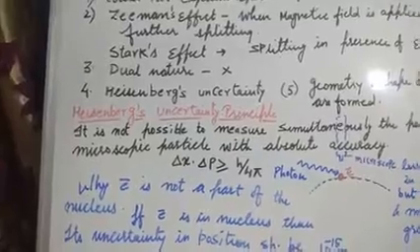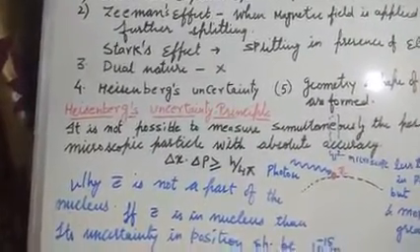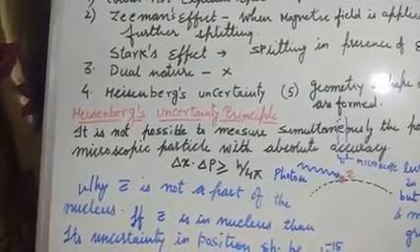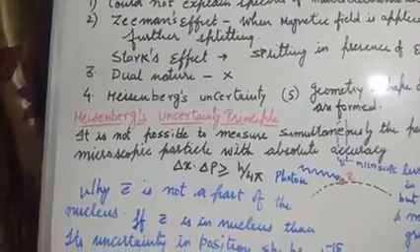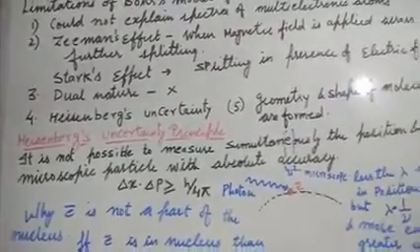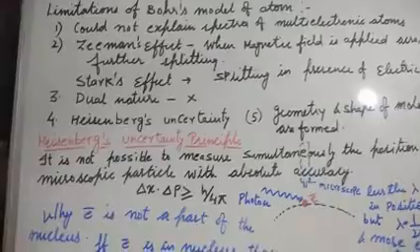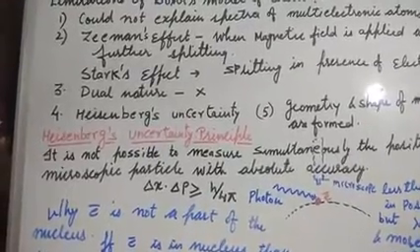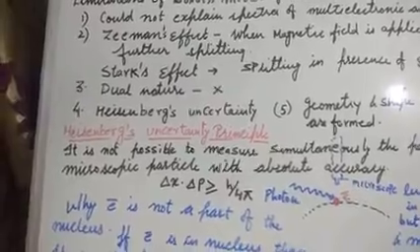Like we are dealing with an electron, that is also a microscopic particle. So we can say it is not possible to measure simultaneously the position and momentum of an electron with absolute accuracy. Okay students, I will tell you the reason also.